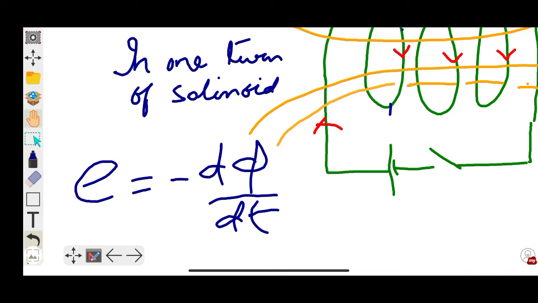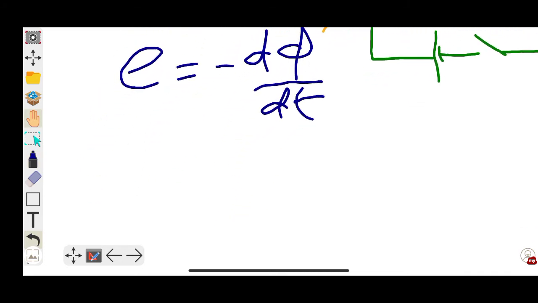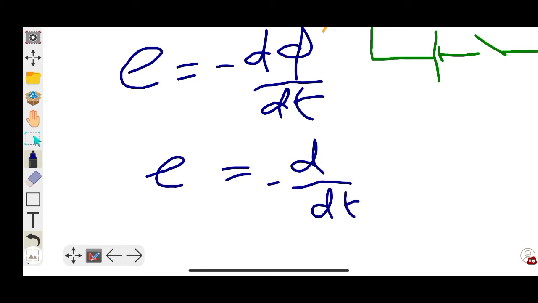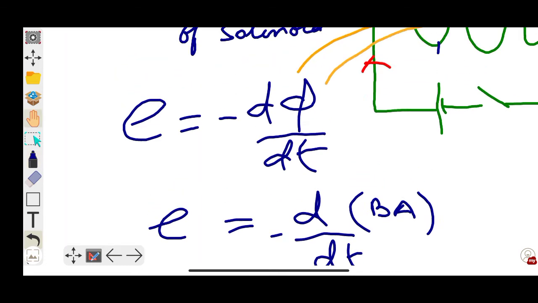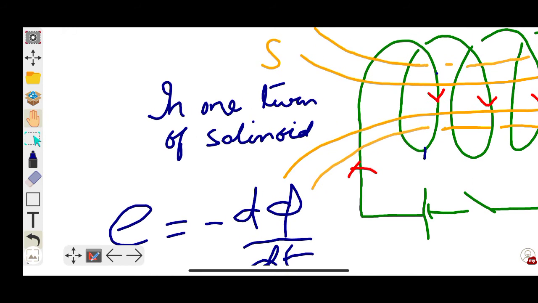If I substitute for flux, E will be equal to minus d by dt of B into A. Remember that A is the area of cross section of the coil. It is this area through which the magnetic field lines are passing.